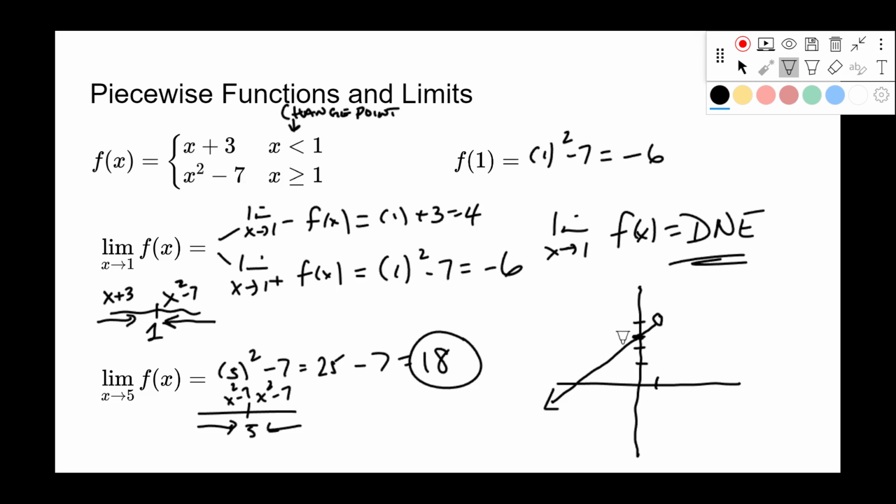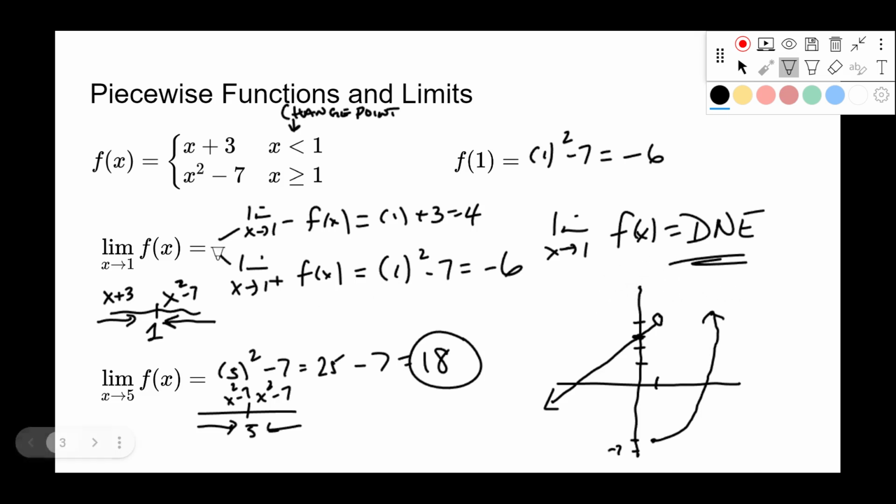And then x squared minus 7. That's a parabola, moves 7 spaces down. So let's say this is negative 7 here. And then I'm going to go up 1, 1 to the right. Get a closed circle there. And I'm going to have a parabola that looks like this. Okay. So parabola, it opens up.